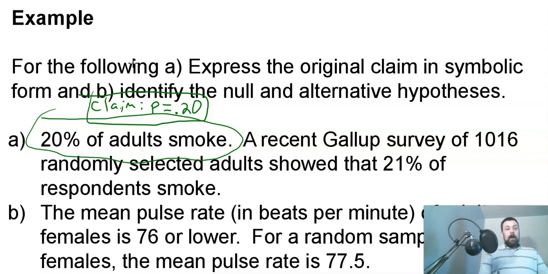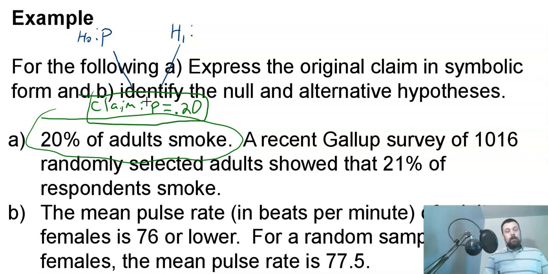From there, we are going to write our null hypothesis and our alternative hypothesis. We'll follow those rules we just talked about. The claim has to be one of these statements. It either becomes the null or it becomes the alternative. The null has to have equality. Well, our claim has equality, so that means the claim has to become the null hypothesis.